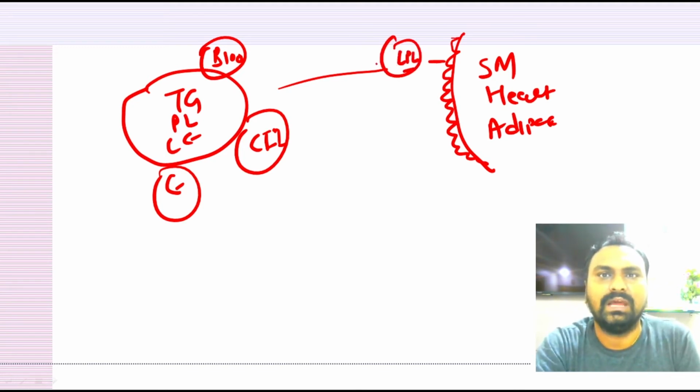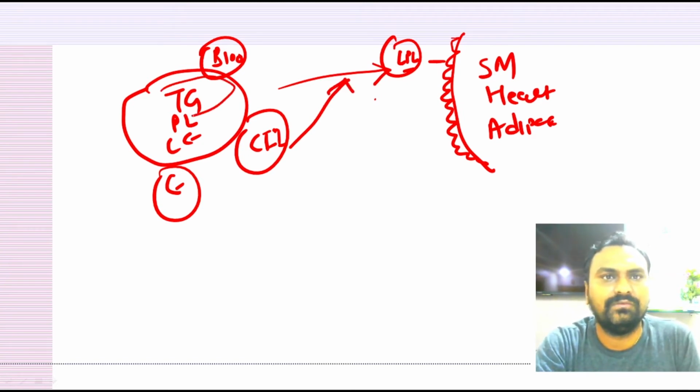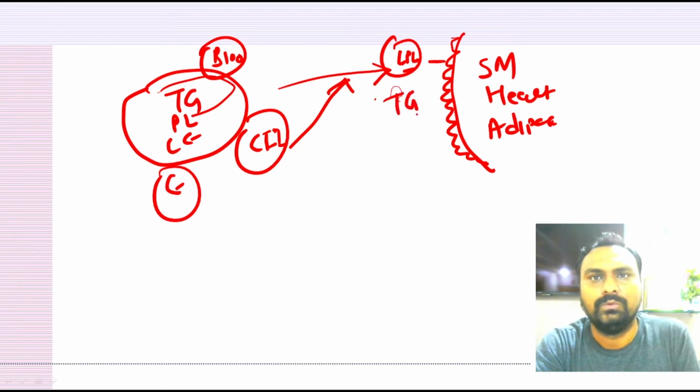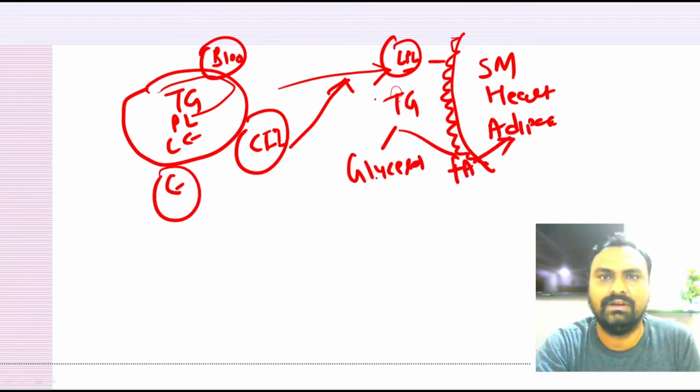Now this lipoprotein lipase is activated by ApoC2 and it will convert the triglyceride of the VLDL to glycerol and fatty acid. This fatty acid is utilized while glycerol will go to the liver. So this triglyceride is broken down to glycerol and fatty acid.